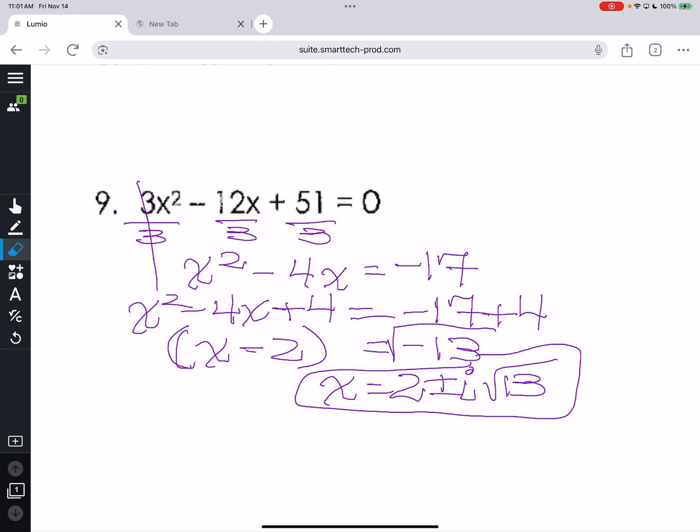So say 51 wasn't divisible by 3, then you'd still divide by 3: x squared minus 4x, but you'd have a 3 out here. Then there would be 3 times 2, which is 6. We would add 6 to it. Then divide by 3.